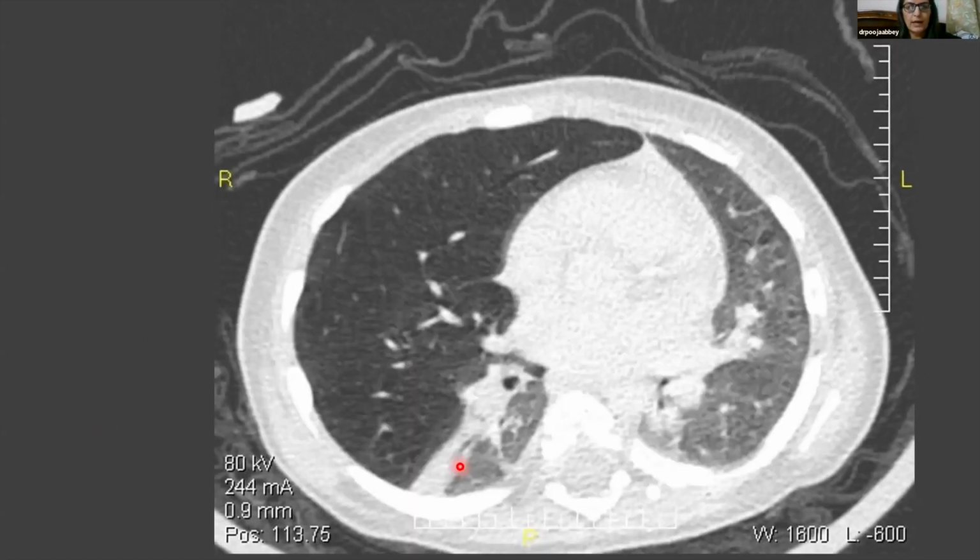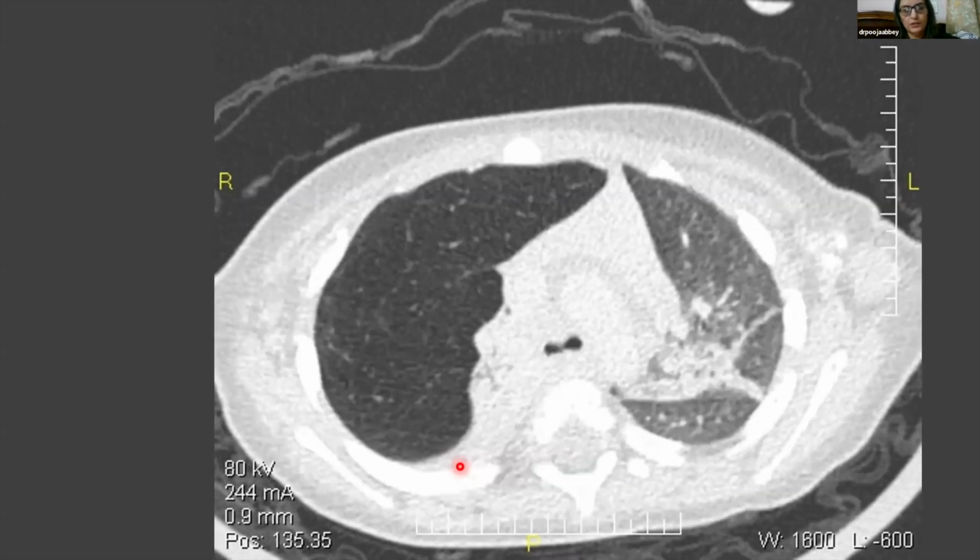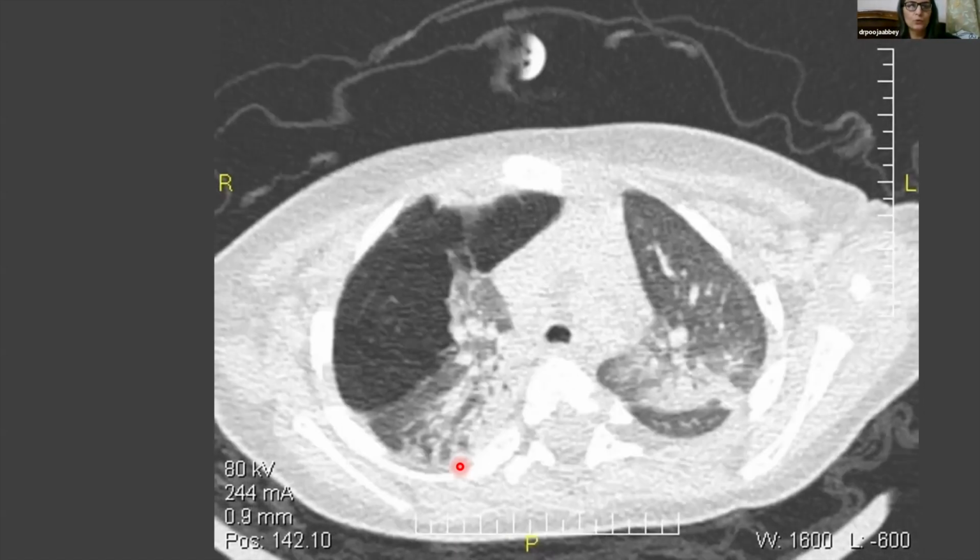One more thing that I'd like to highlight here is, when we are dealing with these kinds of pathologies, and we have to figure out which part of the lung is involved, always remember that the fissures are very helpful for you to localize the pathology. Also look at the bronchial connection, look at the airway, trace the bronchi. That helps you to figure out what is the part which is involved.